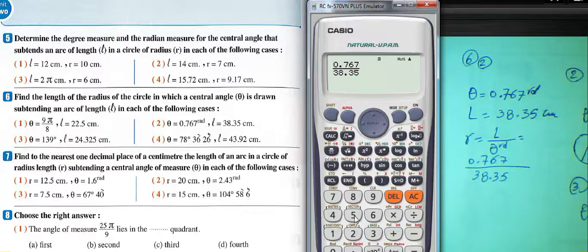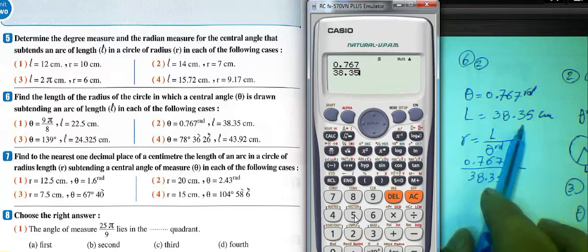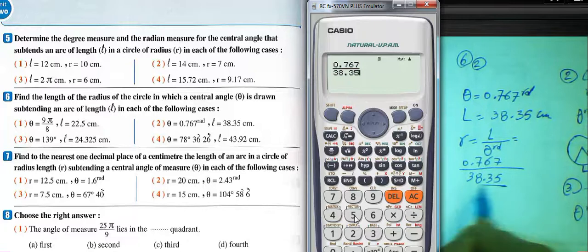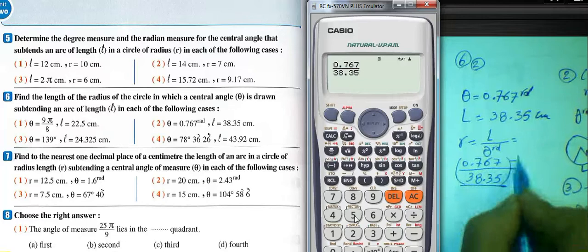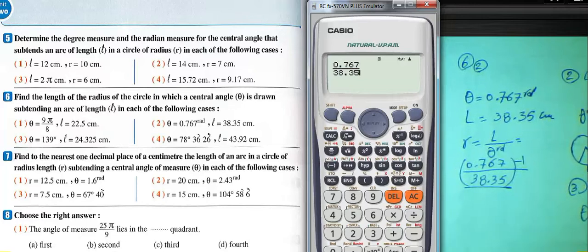Because it's theta radian and this is the length, you can find the result by dividing by 38.35 and then taking the inverse of this result.